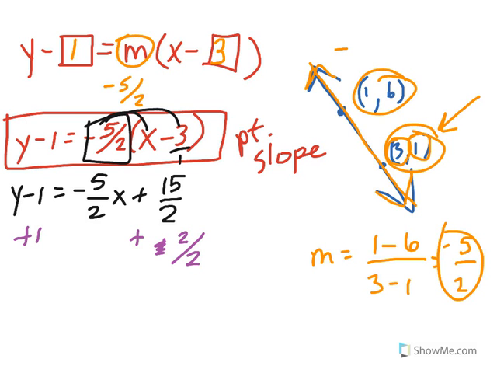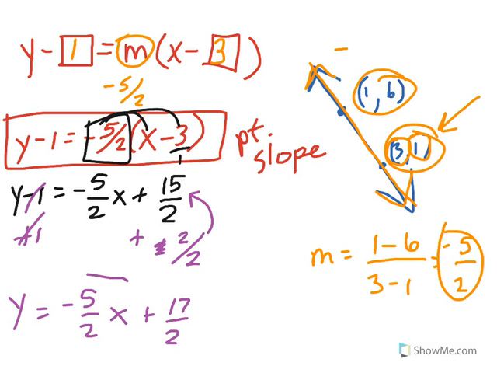Now, isn't 2 halves the same as 1? Yeah, they mean the same thing, but I happen to write it with a 2 on the bottom so that it fits with what I'm trying to put it together with. So I get y equals negative 5 halves x plus 17 halves. And there's my slope-intercept form.